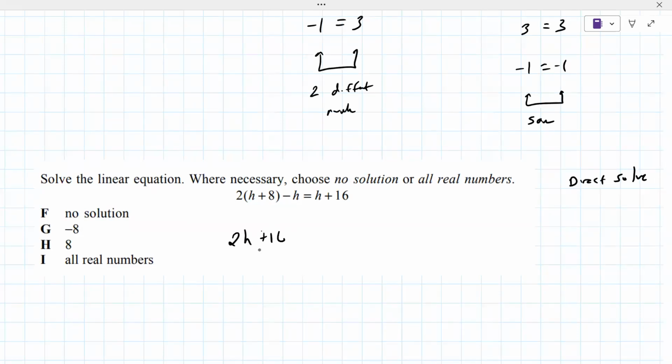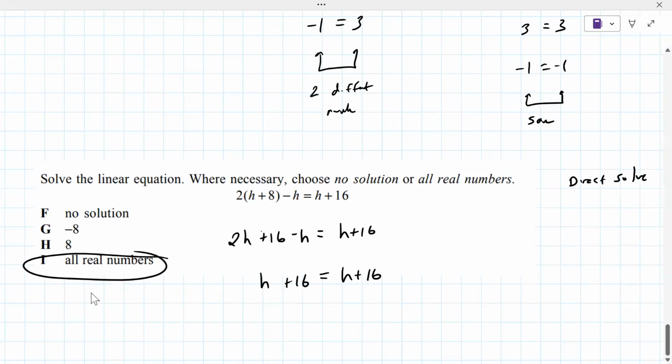You get 2h plus 16 minus h equals h plus 16. H plus 16 equals h plus 16. Yes, it is all real numbers. Okay, fantastic. I've got another couple like this to put up there.